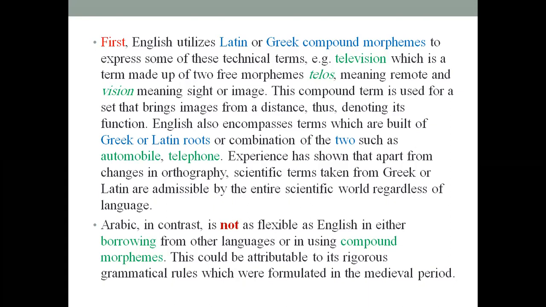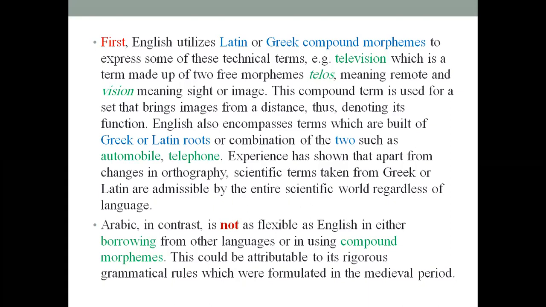It simply means bringing images from a distance or from remote regions. So the entire meaning is reflected.